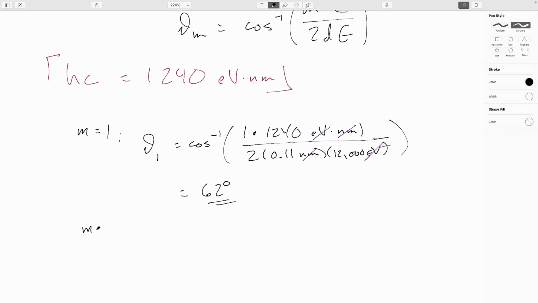And then for m equals 2, we do exactly the same thing, except we go ahead and put in 2 for m instead of 1.